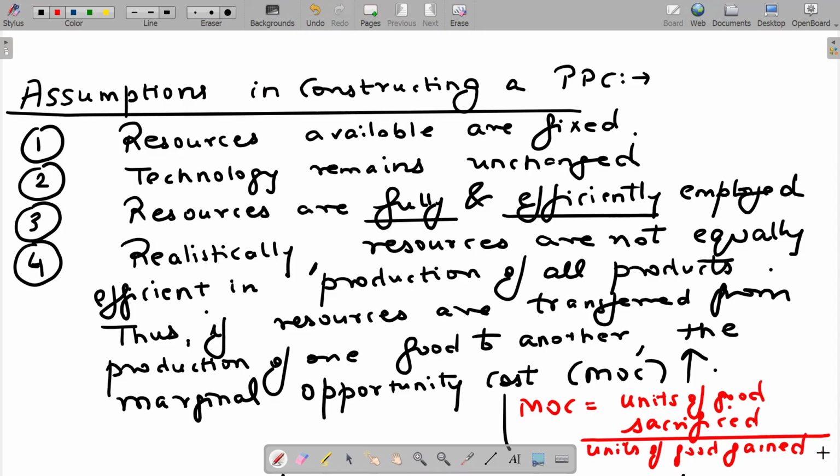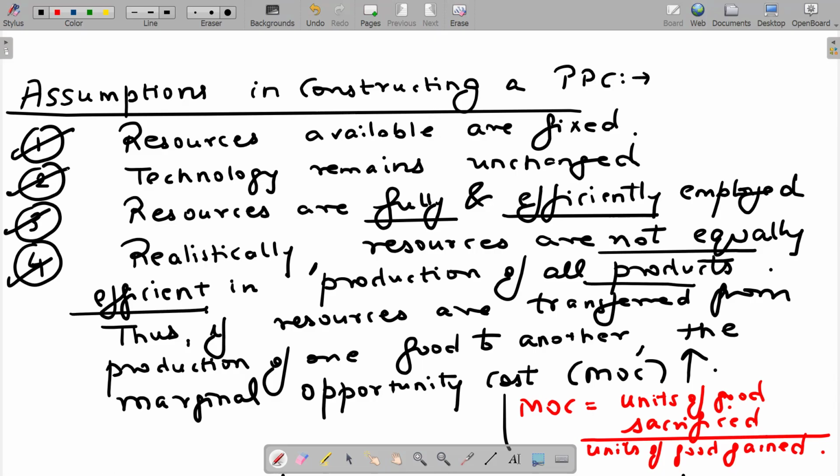That's the formula for calculating the marginal opportunity cost. So I'm quickly revising all the assumptions. When you are making one production possibility curve, resources are fixed, technology remains unchanged, resources are fully and efficiently utilized, and they are not equally efficient in production of all the products.